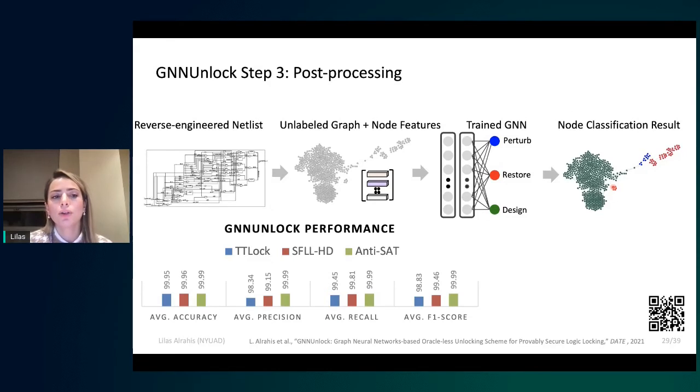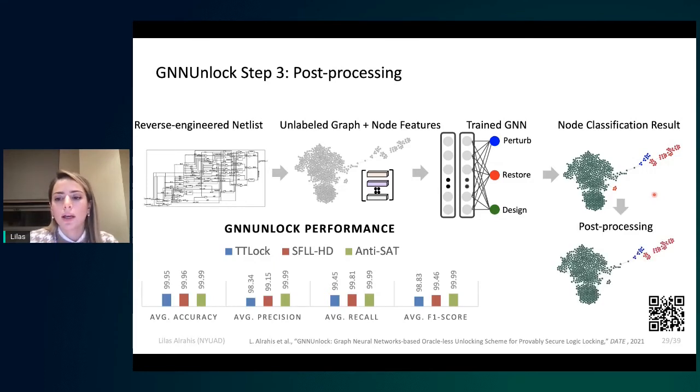And because we know some properties of the restore and the perturb block, we can further analyze the predictions and eliminate some misclassification. And with our employed post-processing, we are able actually to achieve 100% accuracy in identifying the perturb, restore, and original block in all of our evaluated designs.